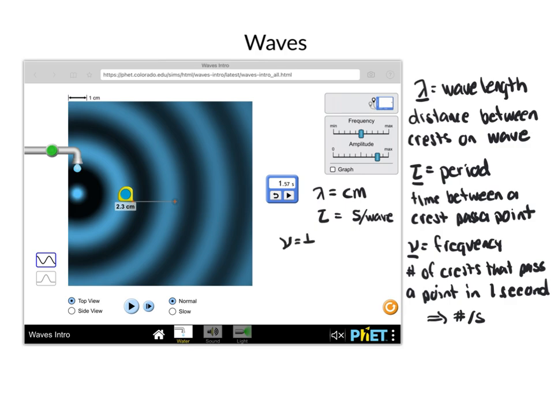If I think about what the units are, then I can figure out how these two things are related, because their units have to be related. So the frequency would be 1 over the period. 1 over 1.59 seconds gives me 0.629 per second, or waves per second. So the frequency is simply 1 over the period.